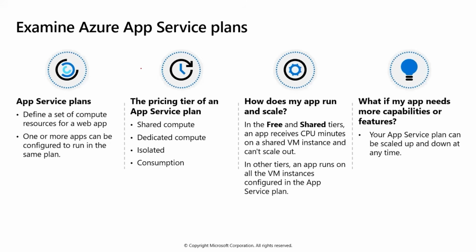There are different kinds of service plans available, which I'll show you in the demonstrations. Shared, dedicated, isolated, and consumption models are there. Based upon their tier, you can choose it and then deploy your app service. Basically, what an app service is: you have a web app. A web app is nothing but your application that you have deployed.